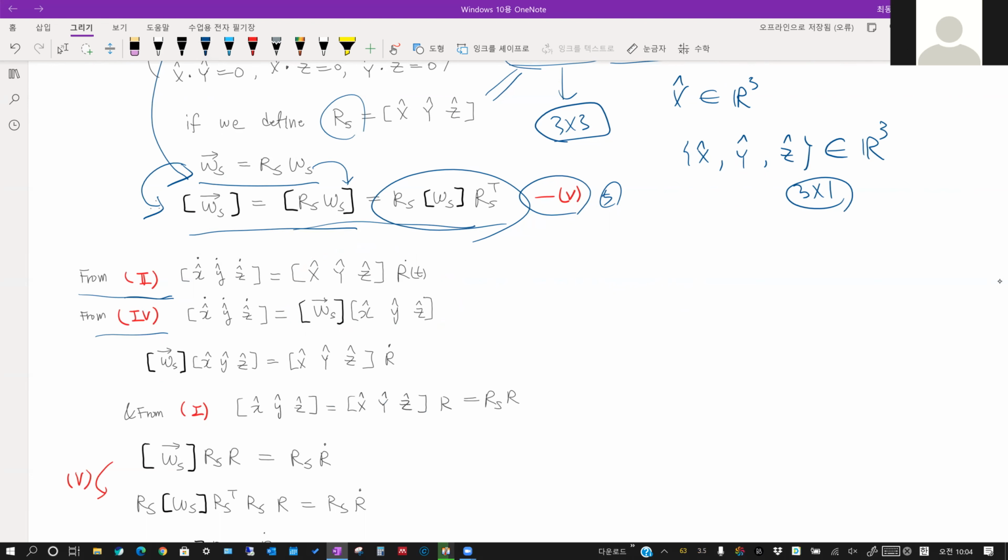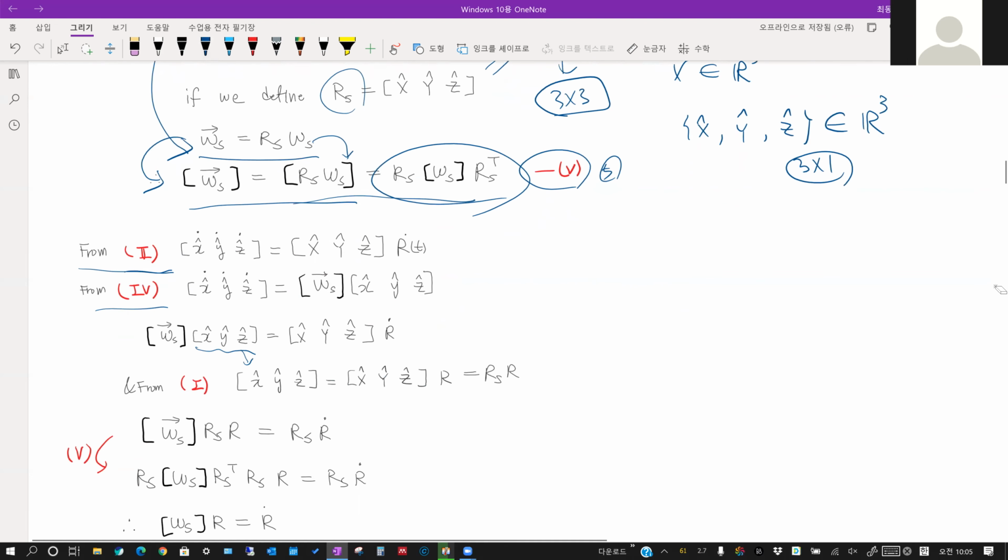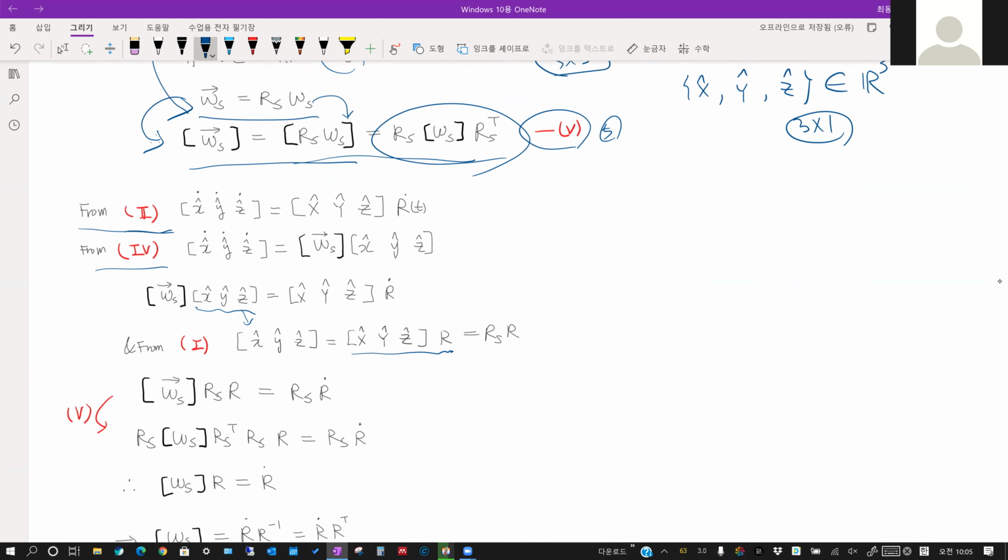In here, this can be converted with the fixed frame vector and R. So this one equals R_s R, and this equation becomes like this. So omega_s bracket x hat, y hat, z hat equals large X, large Y, large Z R dot.